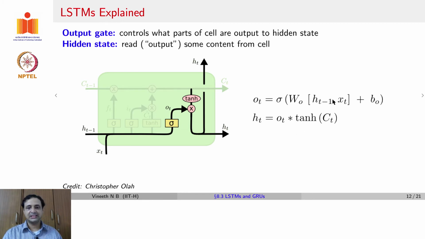Once again it receives ht minus 1 and xt as input, has its own weights wo and bo, and a sigmoid activation function because it's also a gating mechanism. This is combined with ct, the current cell state, element-wise, to decide what should be the ht that is provided to the next state, as well as to the output.